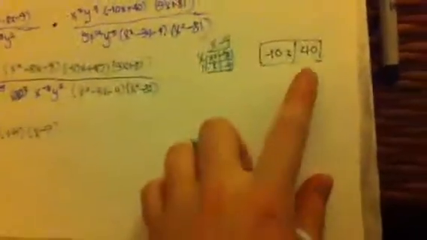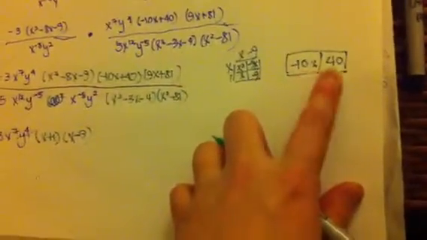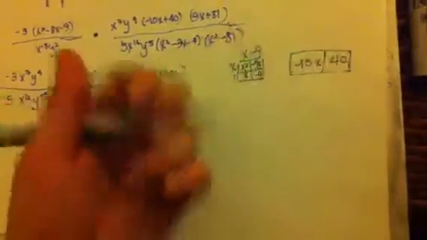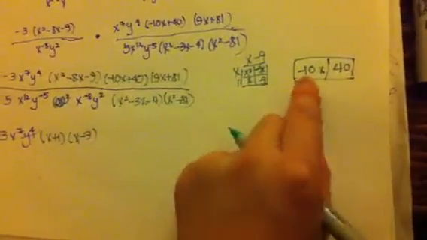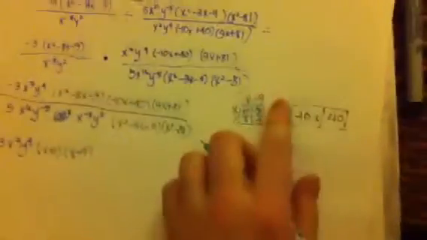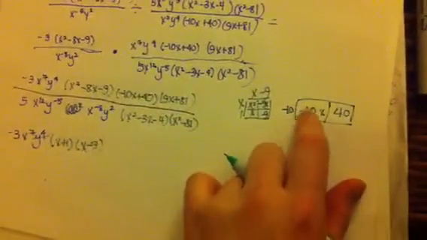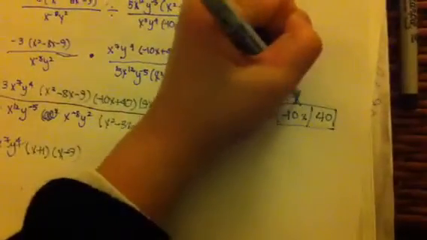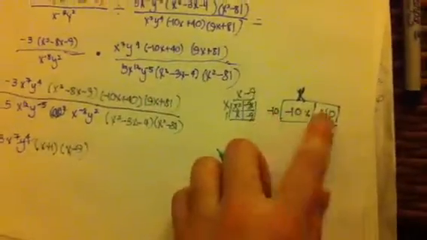Let's make a simpler box over here for negative 10x plus 40. I ask myself, is there anything that I can divide out that they have in common? I notice they both have zeros, which means I can divide out a 10. Because I personally prefer to not have a negative x in the beginning, I'm going to divide out negative 10. What times negative 10 gives us negative 10x? 1x. And what times negative 10 gives us 40?